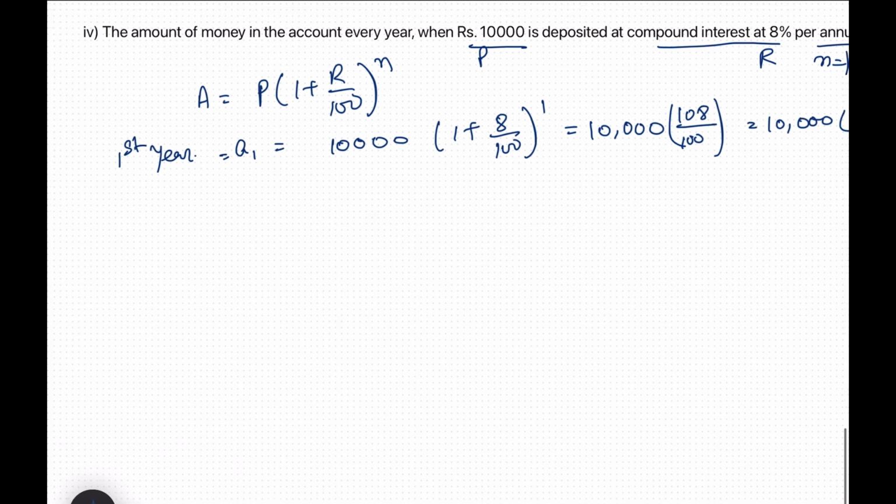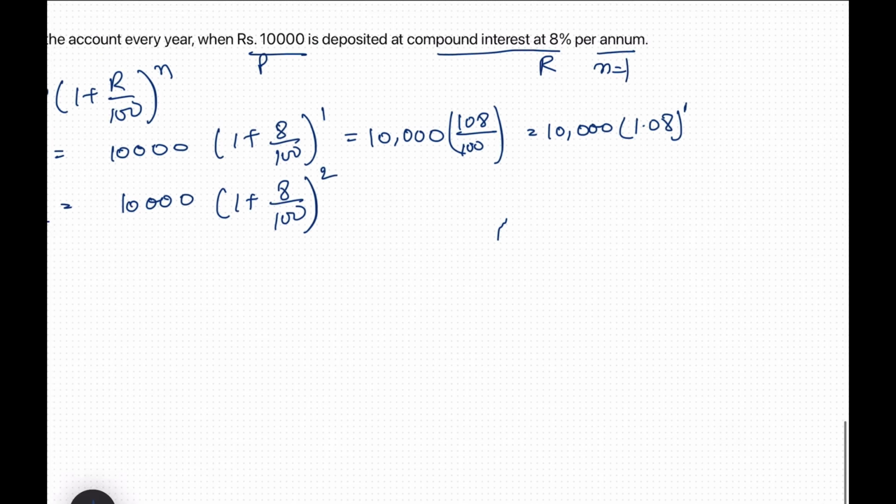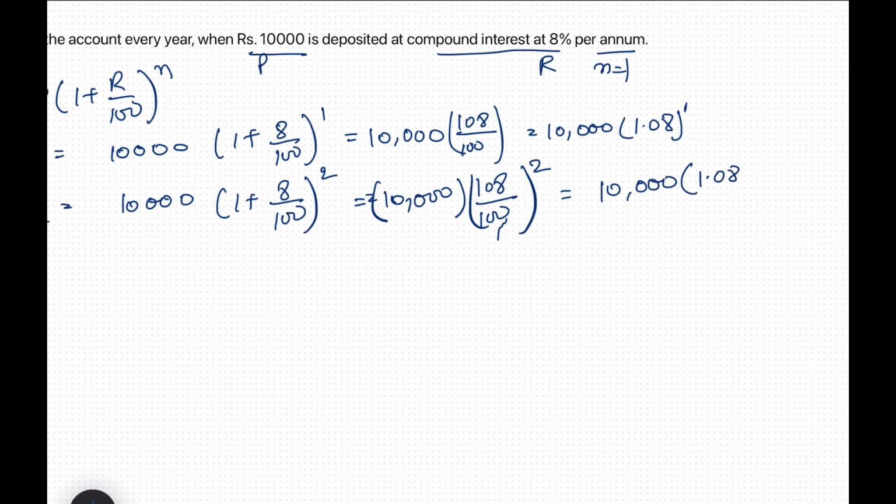For the second year, what can we write? A2, that is 10,000 into 1 plus 8 by 100 to the power 2, right? So we can write 10,000 into 108 divided by 100 to the power 2. So basically 10,000 into 1.08 to the power 2, correct?